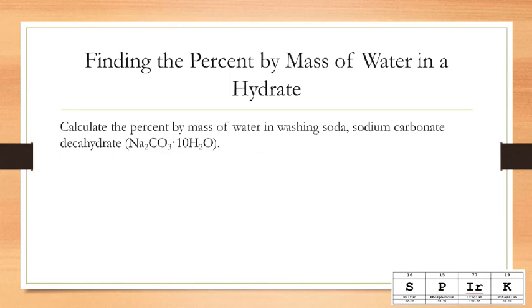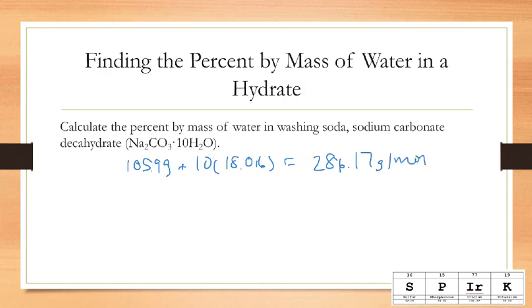If we add up these masses, the mass of Na2CO3, just that portion, is 105.99, and we're going to add that to 10 waters, so 10 times 18.016. We are going to get 286.17 grams per mole. And so that is the mass of the decahydrate.